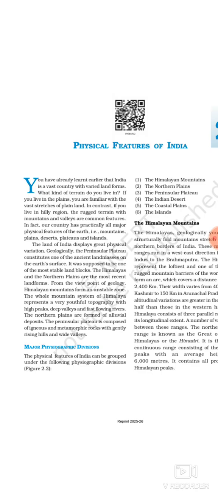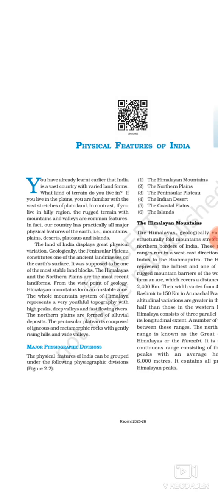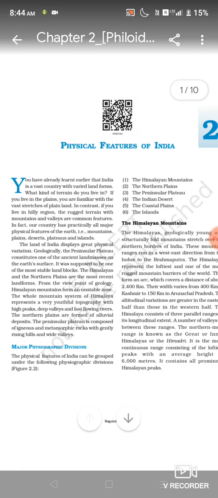It was the oldest landmass of our country. The Himalaya and the northern plain are the most recently formed. From the viewpoint of geology, the Himalaya mountains form an unstable zone. So these are the basics of this chapter.